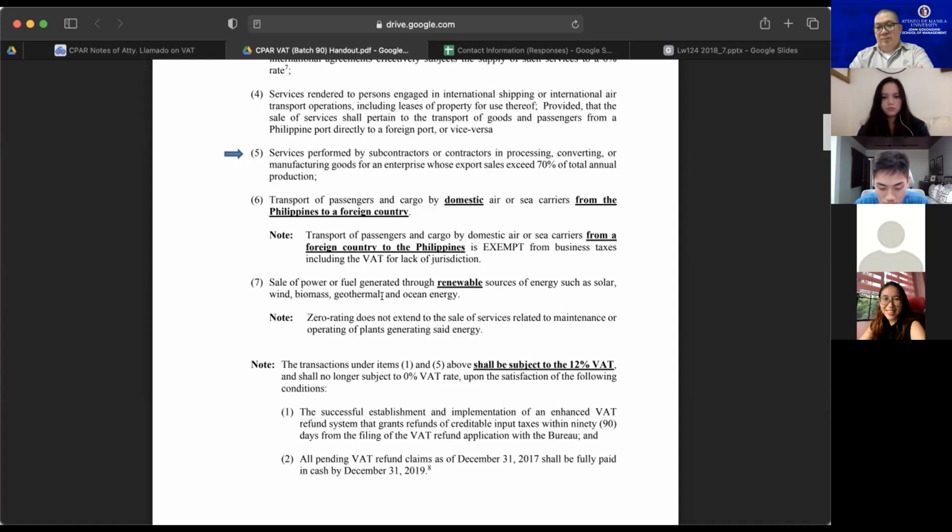So 134,400. But if it's an SBMA company, and they give you their certificate of zero rated, how much will that be? 120,000. You only sell it for 120.